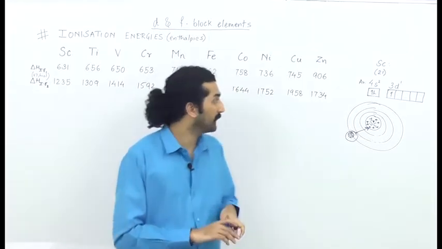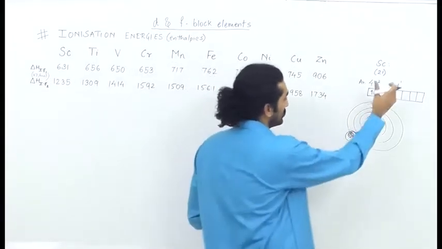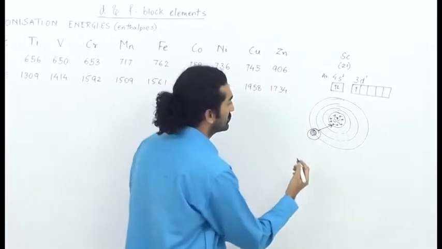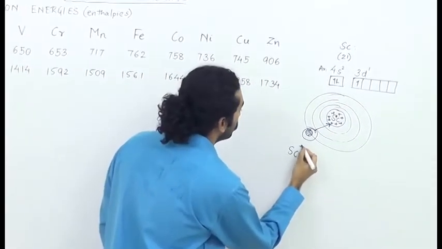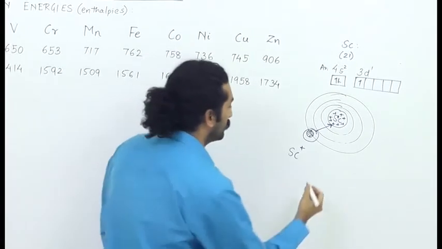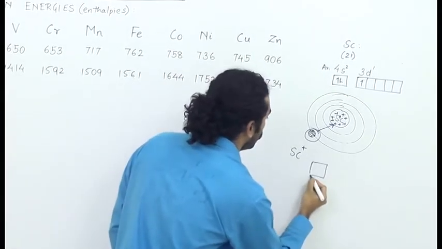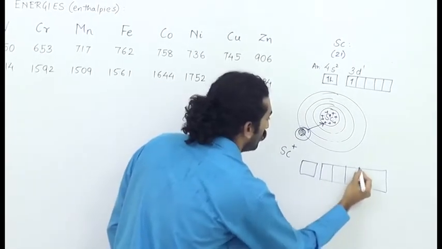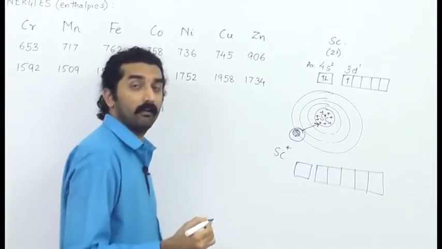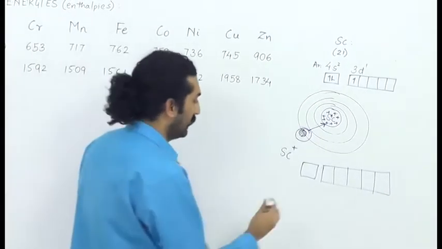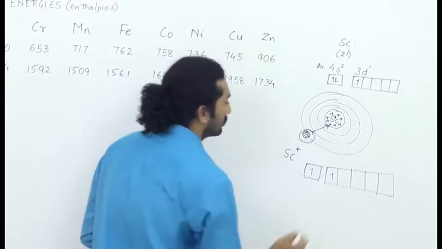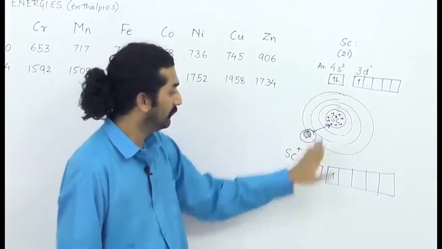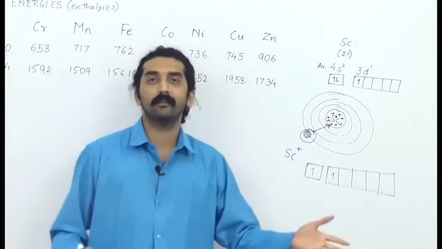Why does that happen? Let's take this example. This is the scandium atom that we were talking about. When the outermost electron is removed, it becomes Sc+, right? One electron is removed, and then the electronic configuration of the scandium cation looks something like this. One of the electrons from here is removed, so only one is left here, and this one is originally there as it is.